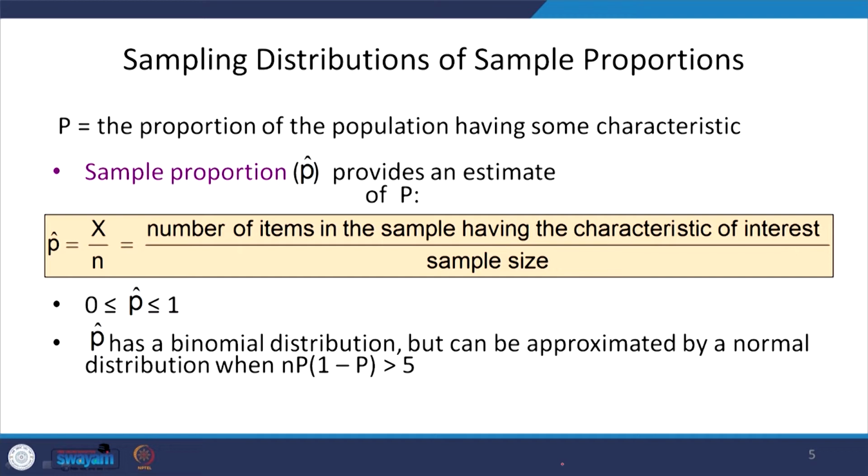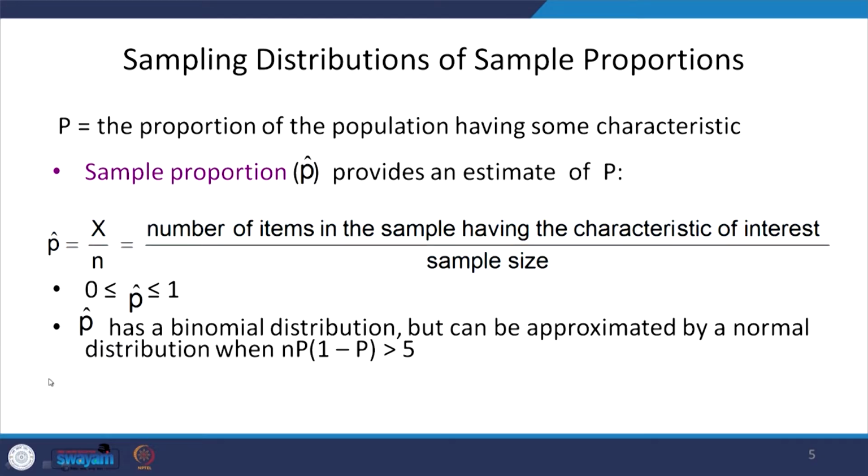Capital P is the proportion of the population having some characteristic, so we can call P the population proportion. The sample proportion we are going to call small p hat. It provides an estimate of capital P. What is the meaning of this?